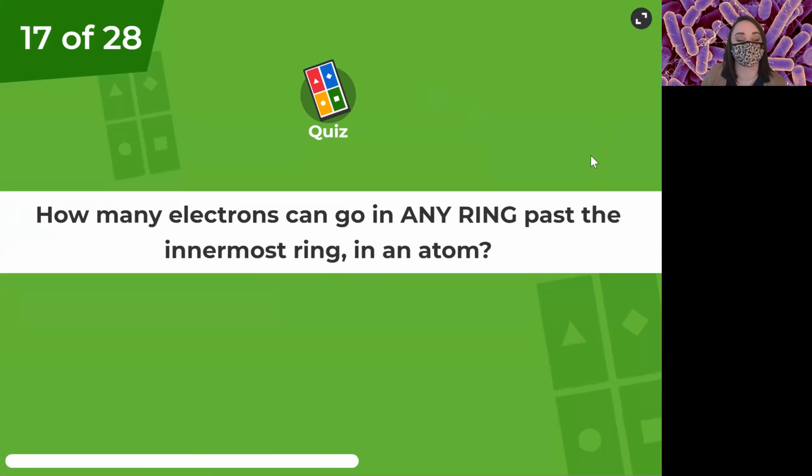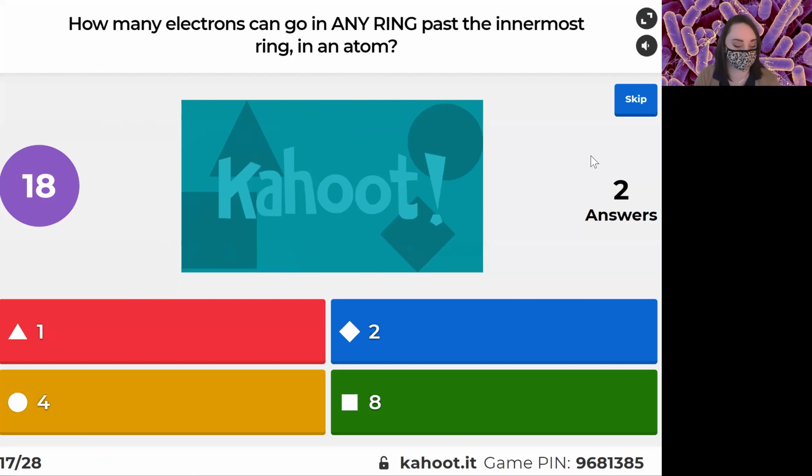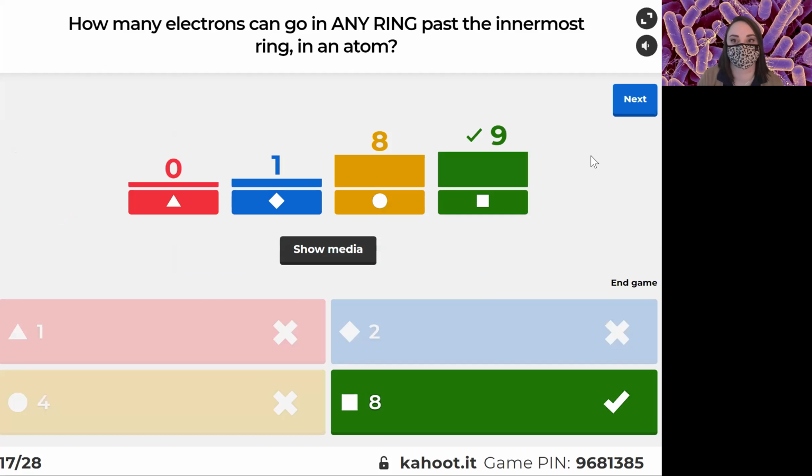How many electrons can go in any other ring past the innermost ring? Good. 8.